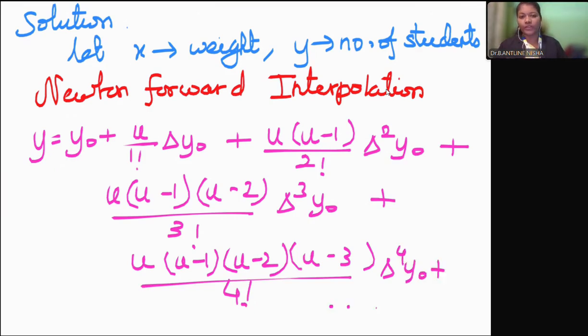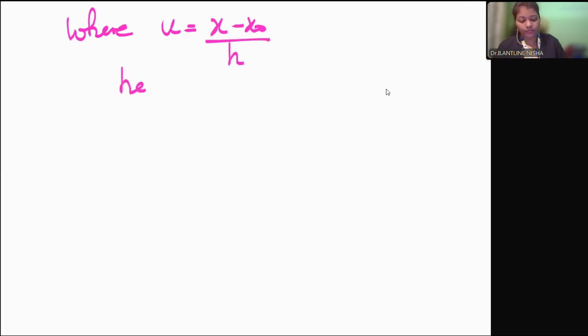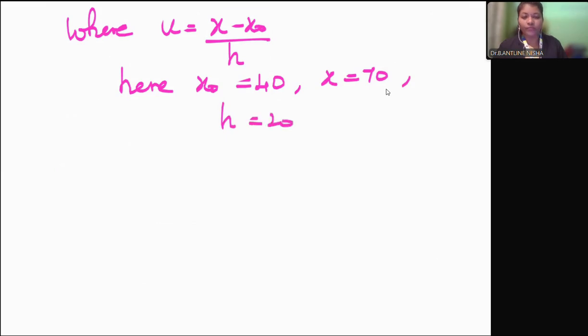It goes on, right? In this we need u, so the formula to find u is u equal to x minus x naught divided by h. Here x naught is taken as 40 and x is taken as 70 and h value, the difference between each x value, is taken as 20.